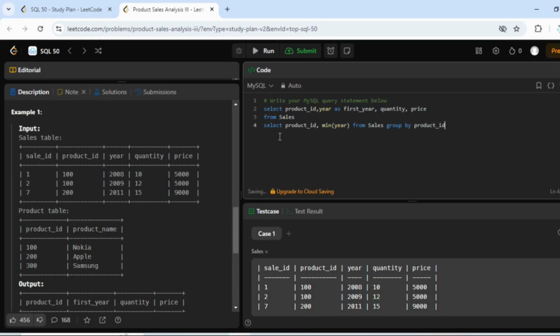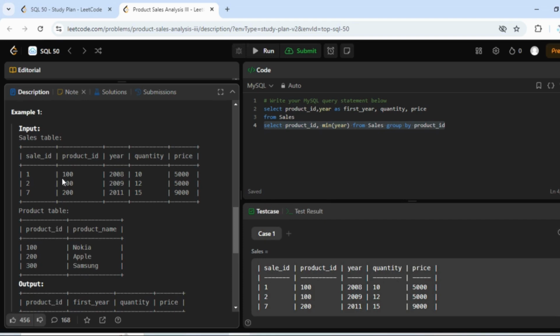What it is forming is a table with the product ID and a year, grouped by product ID. Suppose we take these three product IDs. The output will be 100 as the product ID, and for 100 it will find which is the minimum of the year.